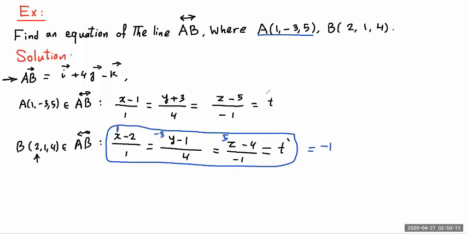Also, if we put point B here, (2, 1, 4), it will be correct. Because (2 minus 1) over 1 equals 1, and (1 plus 3) over 4 is 1, and (4 minus 5) over minus 1 is 1. So we can choose one of these two equations as the equation of the line L or AB.